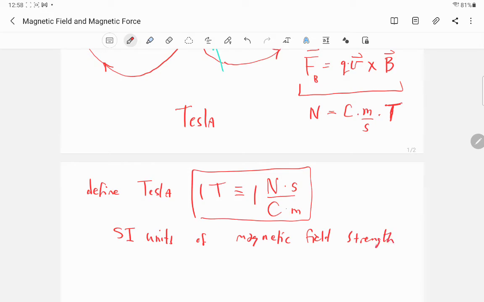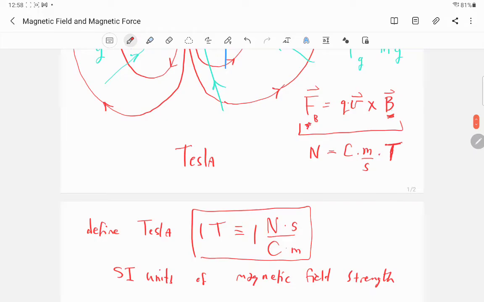And in order to understand how magnetic field has anything to do with force, right, I have to multiply magnetic field strength in Tesla by coulombs and speed, right? Charge and speed. Yeah, so this right here is a very important equation. It's the magnetic force law.